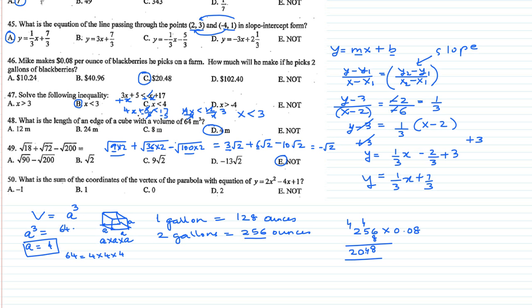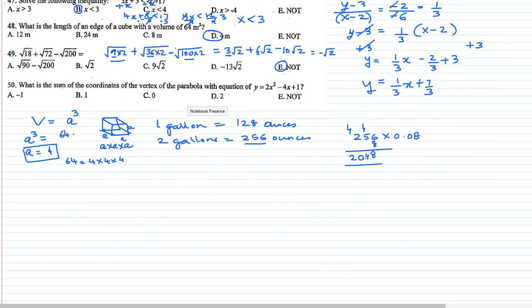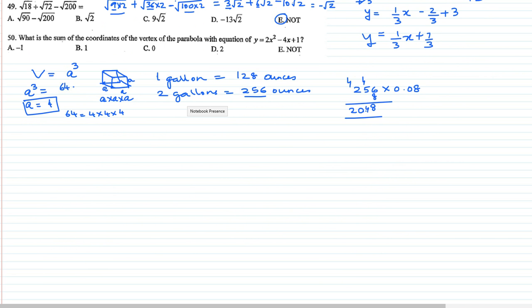Question 50. What is the sum of the coordinates of the vertex of the parabola with equation of y equal to 2x squared minus 4x plus 1? This is a fairly advanced question for middle school students. The equation of a parabola can be written as y is equal to a times x minus h whole square plus k.